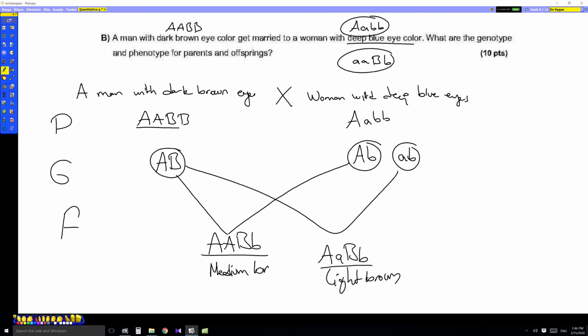So what are the genotype and phenotype for parents and offspring? The phenotype of parents, the genotype of parents, and also the F generation, genotypes and their phenotypes.